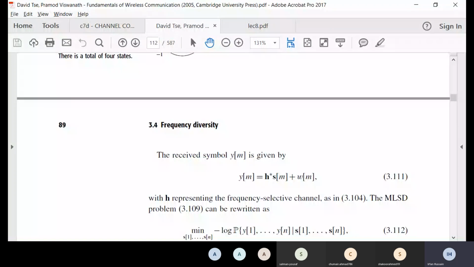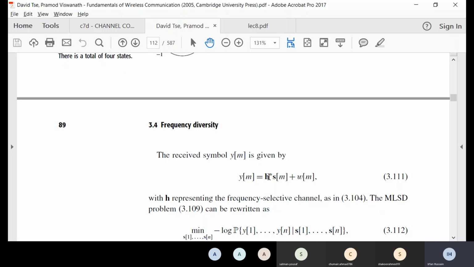So what is the receive symbol? We have seen it is determined by S, the signal vector x of m, x of m minus 1, going up till x of m minus L plus 1. Convolved with H means, as you have seen, the summation of h of l with x of m minus l.